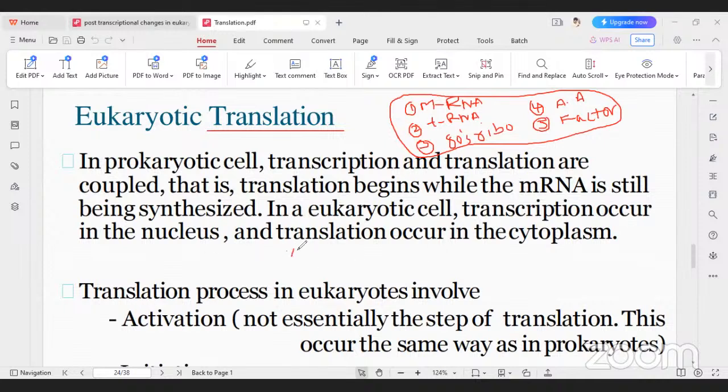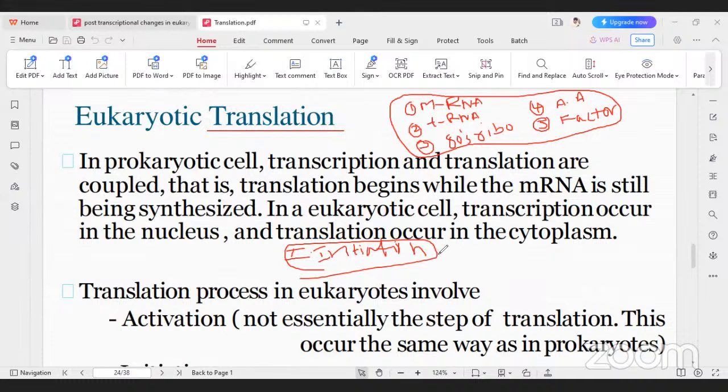Actually, let me complete: the actual first stage is initiation, the second stage is elongation, and the third is termination. First, let's complete initiation. In the initiation stage, the first requirement is activation of amino acid. Let's see how the amino acids are activated.